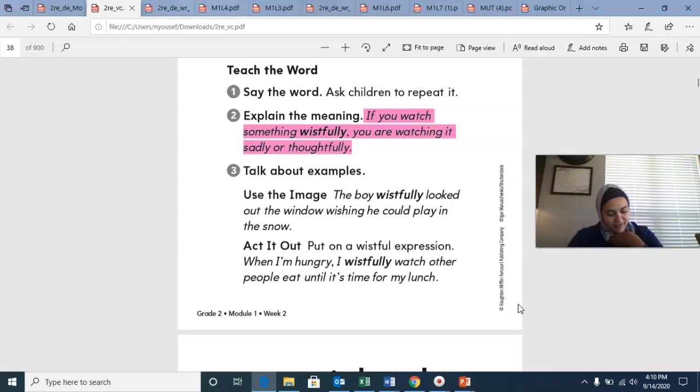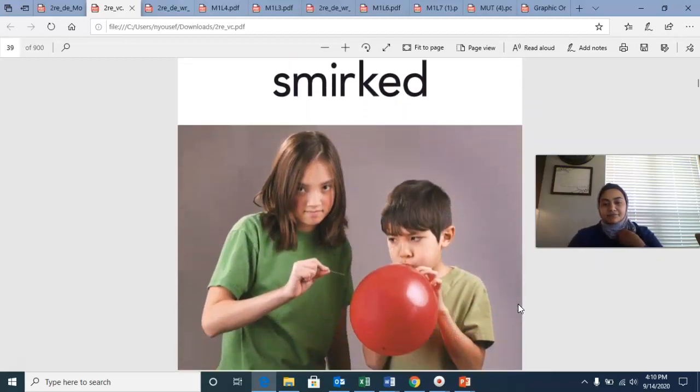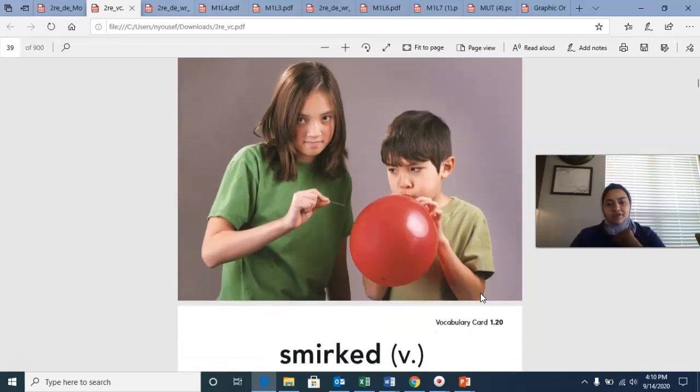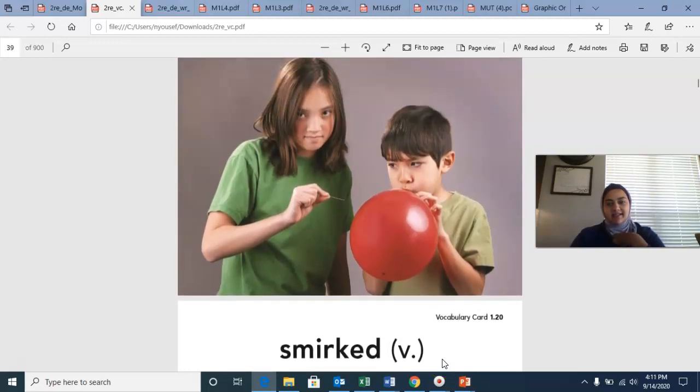The next word is smirked. Look at this little girl as she smirked. Is that very nice? What is she about to do? She's about to pop the balloon that her brother is blowing. It's not very nice. She smirked. If you smirk, you smiled in a mean or nasty way, like an evil way.